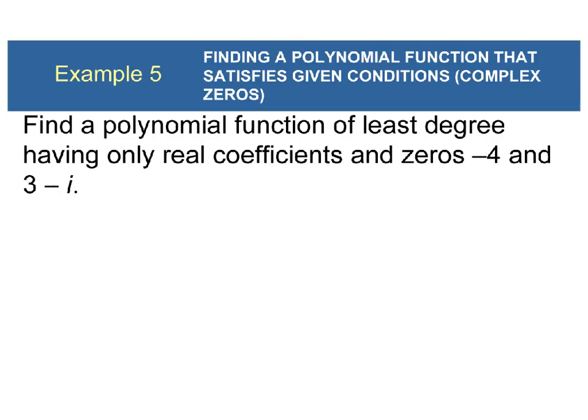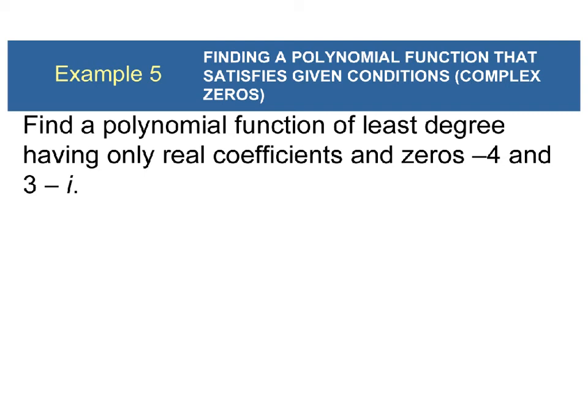Okay, so here's an example of what I was talking about. It asks us to find a polynomial function of least degree having only real coefficients and zeros at negative 4 and 3 minus i. Well, we're not going to have i's in our functions at all. Whenever we multiply everything out, the i's should have disappeared. We should have all real numbers as coefficients.